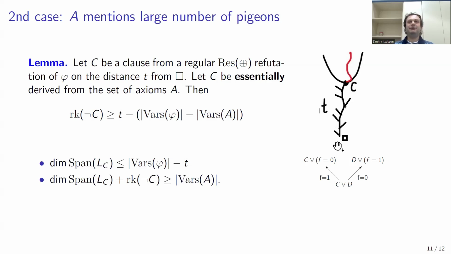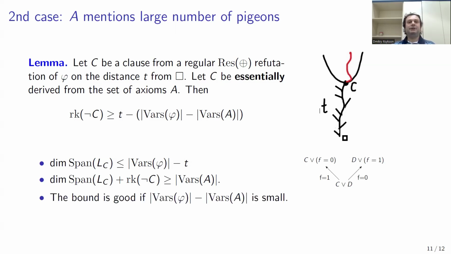And the system of equations consisting of the equations from the negation of C and from the red path is satisfiable, and every solution of this system falsifies our axiom. Hence, every particular variable of this axiom is fixed by the linear system. Hence, this variable belongs to the span of linear forms from C and from the path. And L_C consists of all linear forms from all paths from C to axioms. Hence, this inequality holds. Now, from these two inequalities, we conclude the lemma.